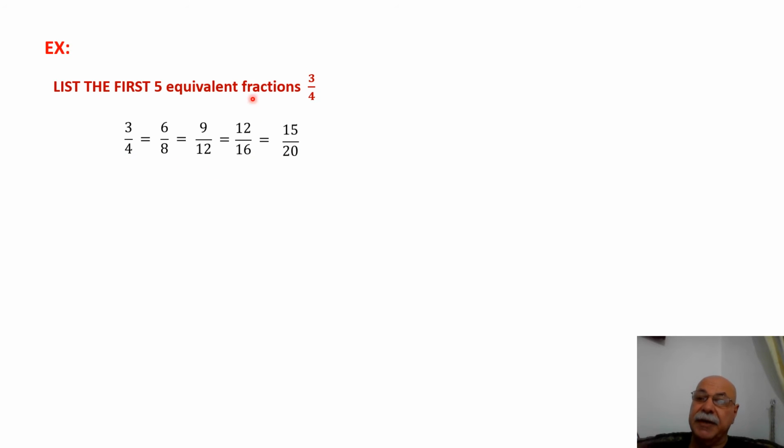You see, here are the equivalent fractions for 3/4. The 3/4 gives me 5 equivalent fractions. When I divide each one by its number, it gives me 3/4: 3/4, 6/8, 9/12, and so on.